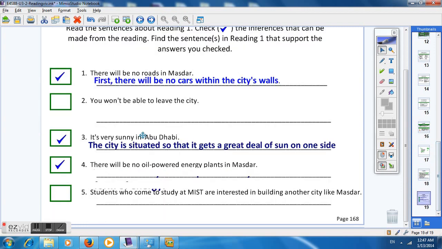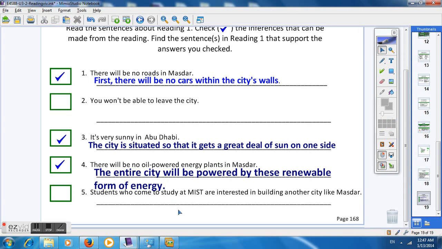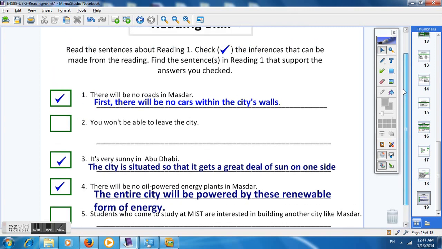So you copy the whole statement here. Okay, how about number 5? It says students who come to study at MIST are interested in building another city like Masdar. There's no tick to that. So we have 3 answers here on page 168. So that is about reading 1.